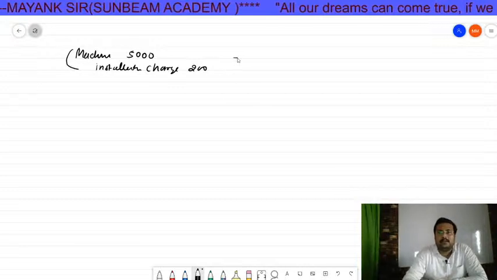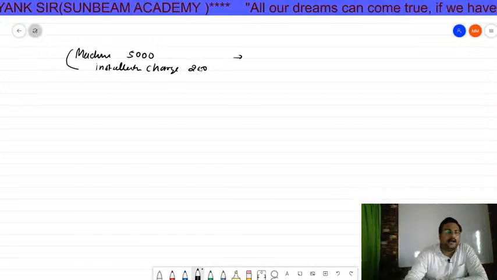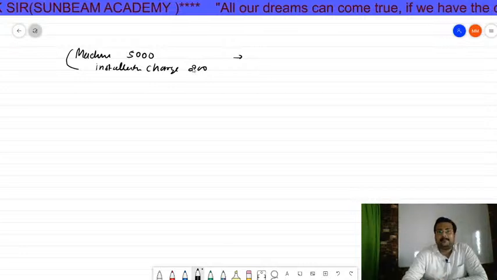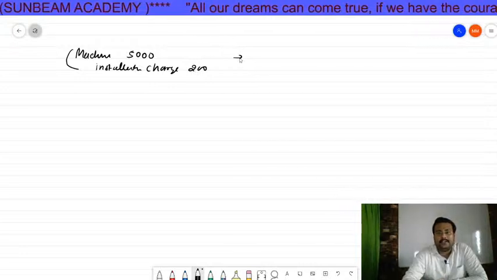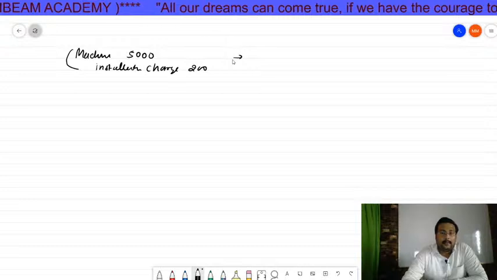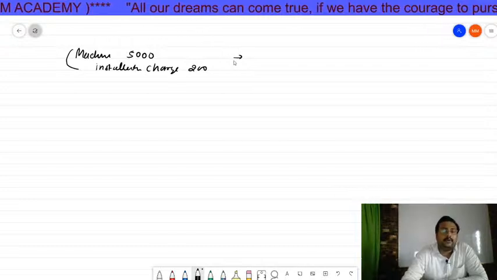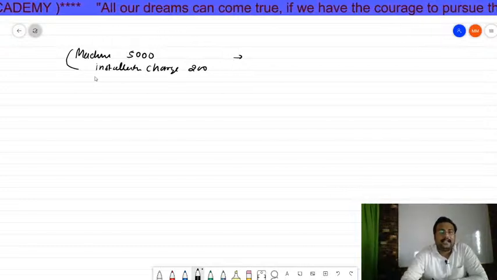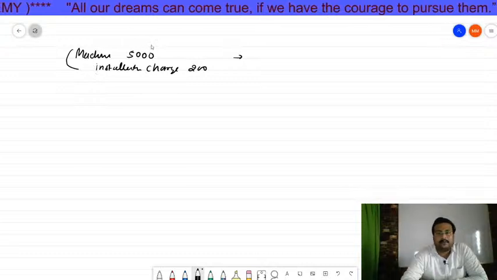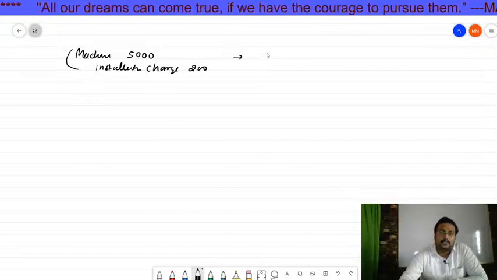So what is the rule saying? The rule is simple: whenever we are paying any expenses on purchase of any assets, before its use, before its installation, that will be added back to that particular asset's account.